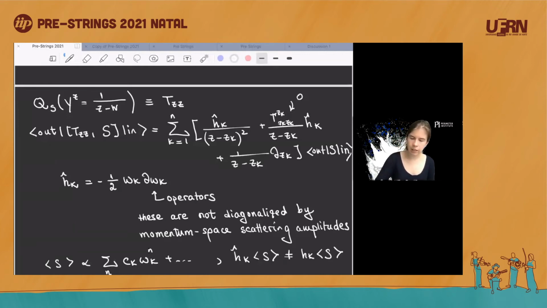And here, as another piece of motivation, I showed that we have this bulk mode of the subleading soft graviton, which obeys the same identity as the stress tensor in a conformal field theory, but the S matrix is not a nice object on which the stress tensor acts diagonally.